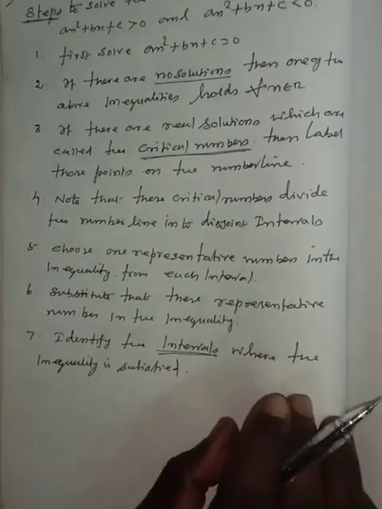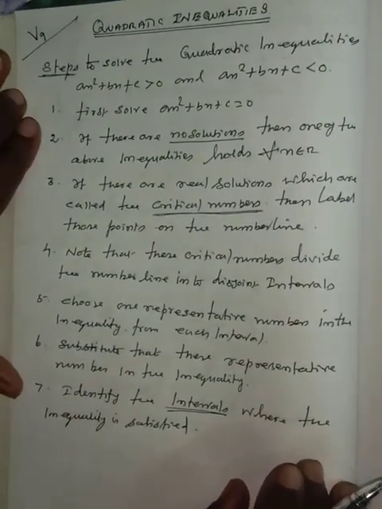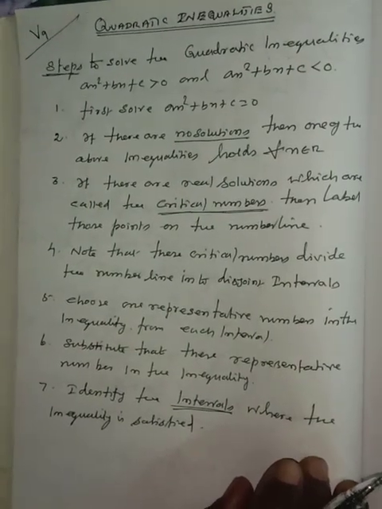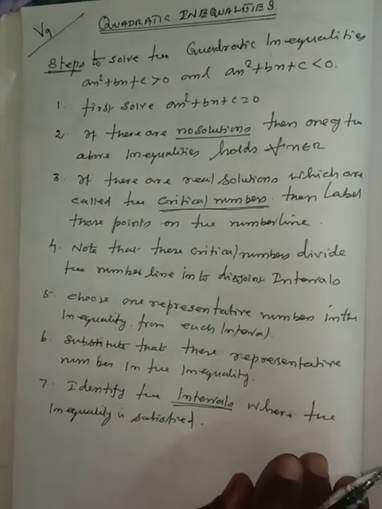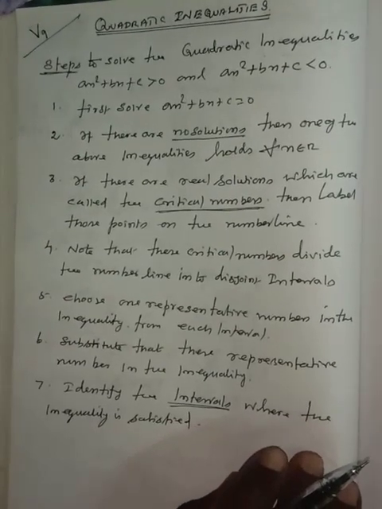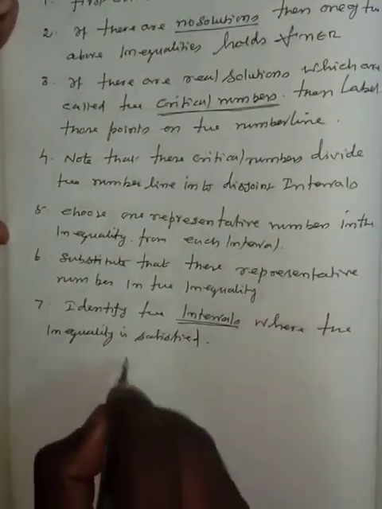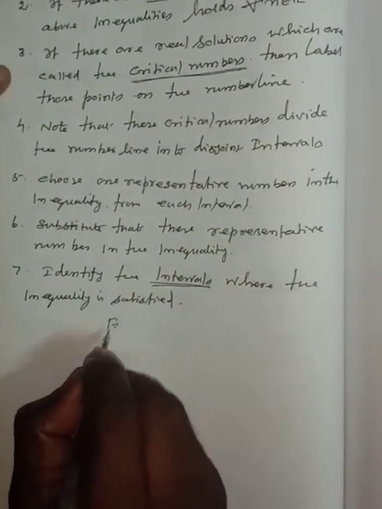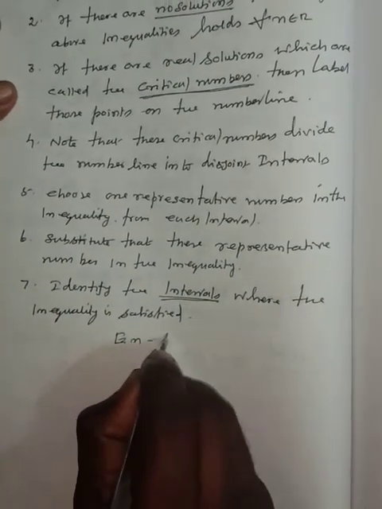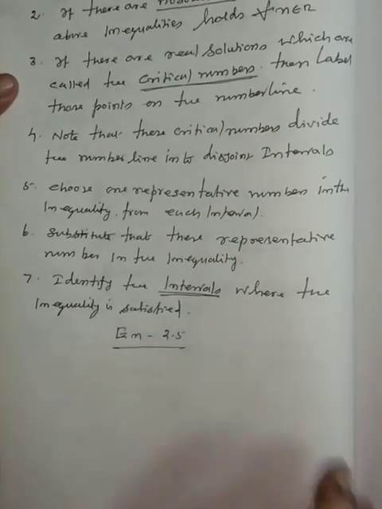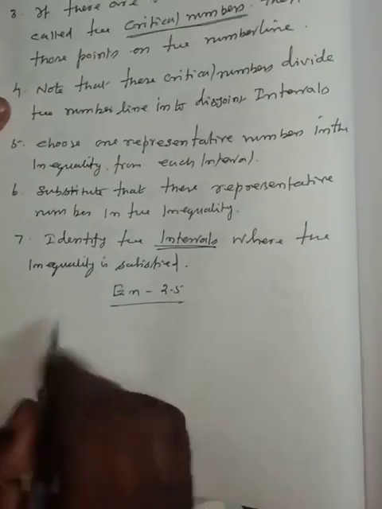These are the steps to solve the quadratic inequalities. Let's take example 2.5, sum number 1.